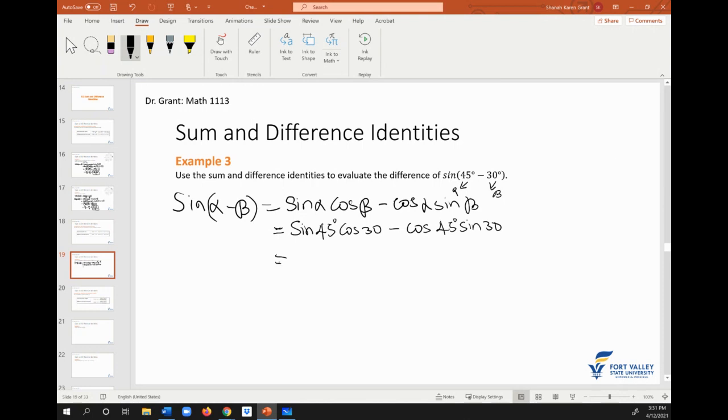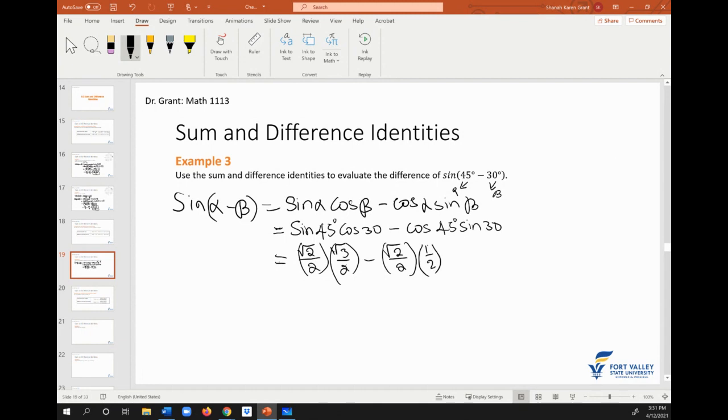So we know that sine of 45 is going to be root 2 over 2, and cosine of 30 is going to be root 3 over 2. And cosine of 45 is also root 2 over 2, and sine of 30 is 1/2.